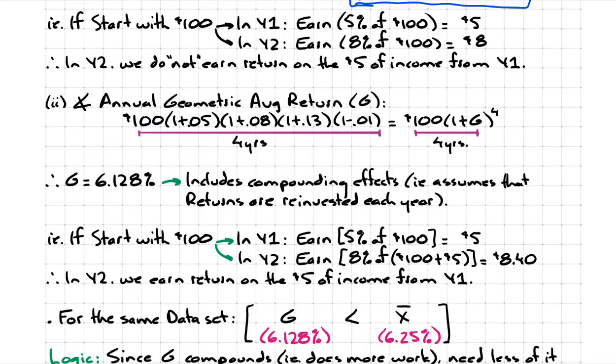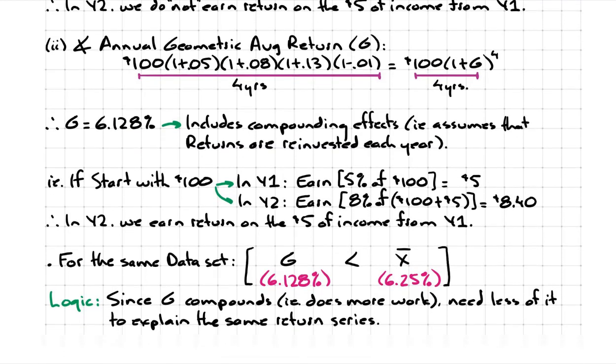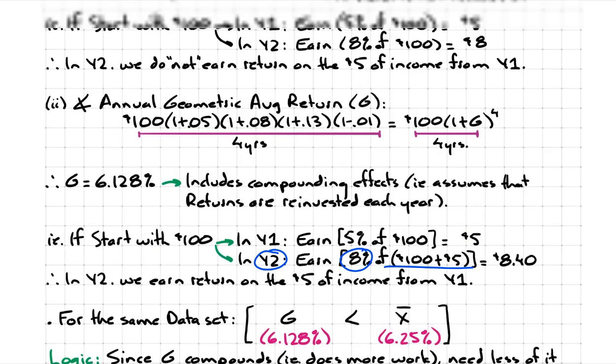And as I said before, this geometric average includes compounding effect. In other words, we assume that the returns are being reinvested each year, and we demonstrated that as well. So just very quickly, same illustration, $100 in year 1, we would earn $5, but then in year 2, under geometric average, you could see that we're earning the 8% on the 105, and I showed that as well.